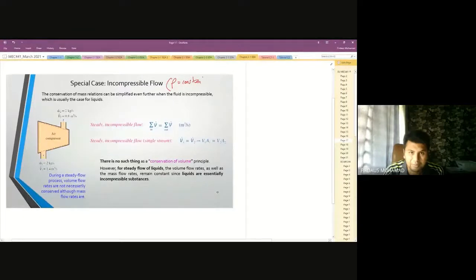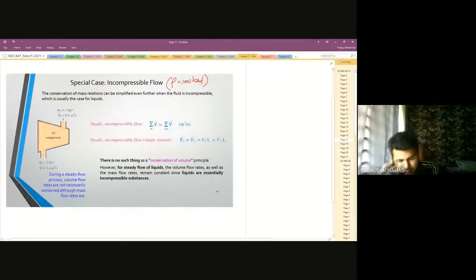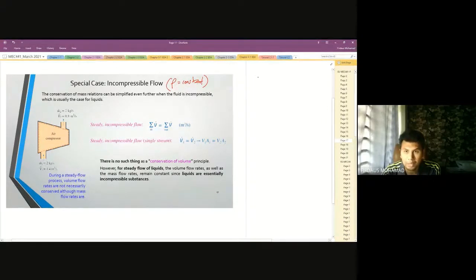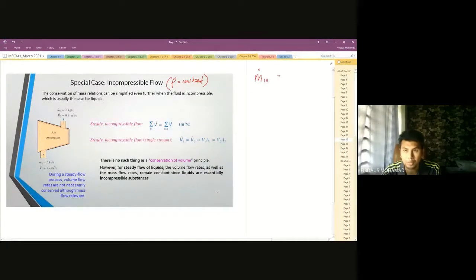To identify compressible and incompressible flow, the easiest way is based on the density. So for incompressible flow, rho is constant. That's why for the special case of incompressible and steady flow devices, we know that m dot in equals m dot out.